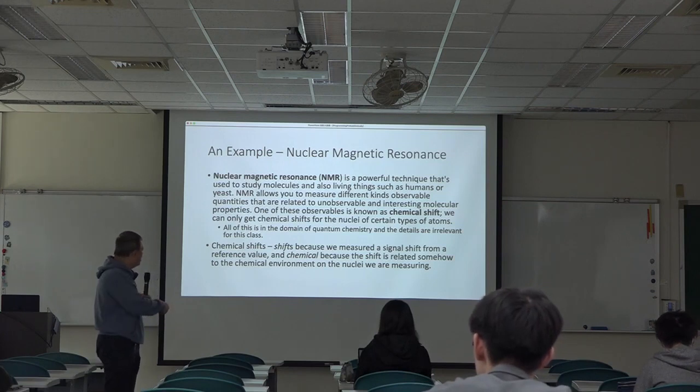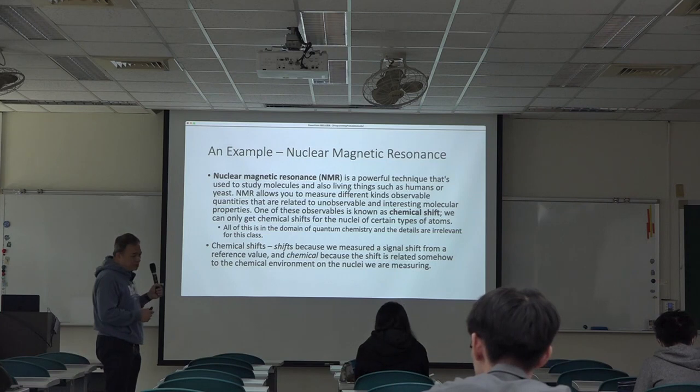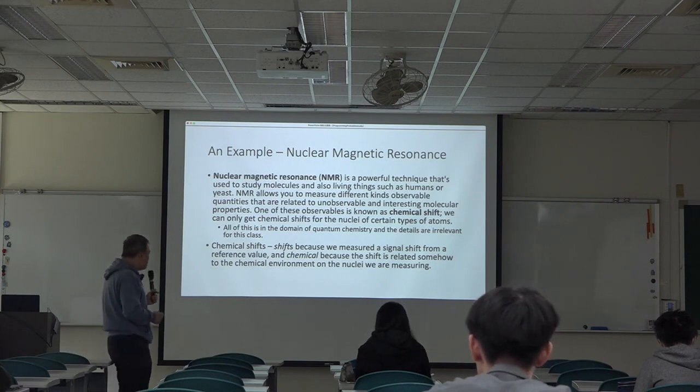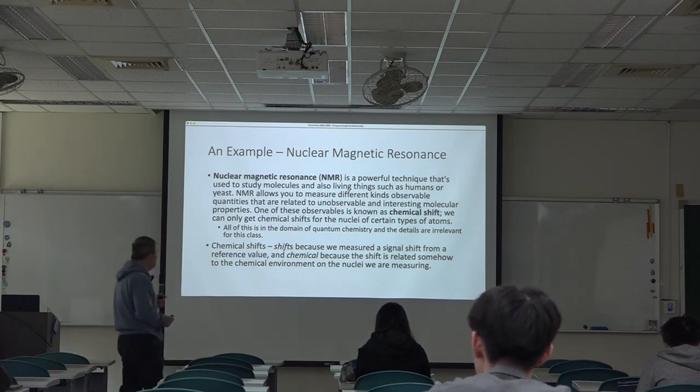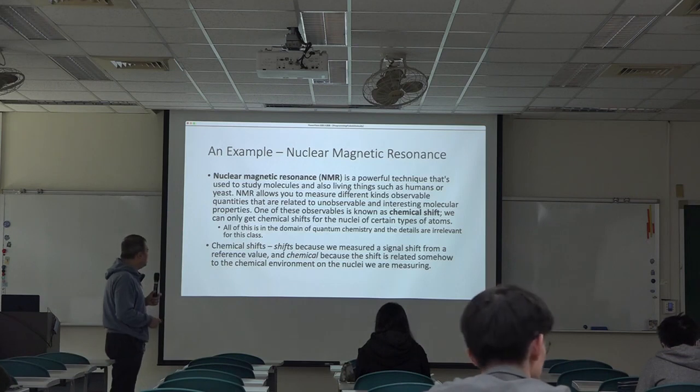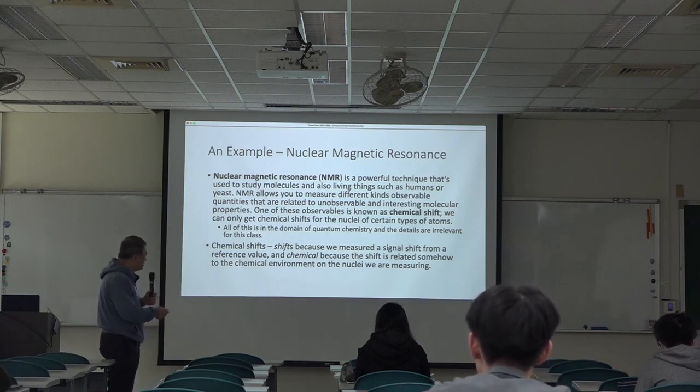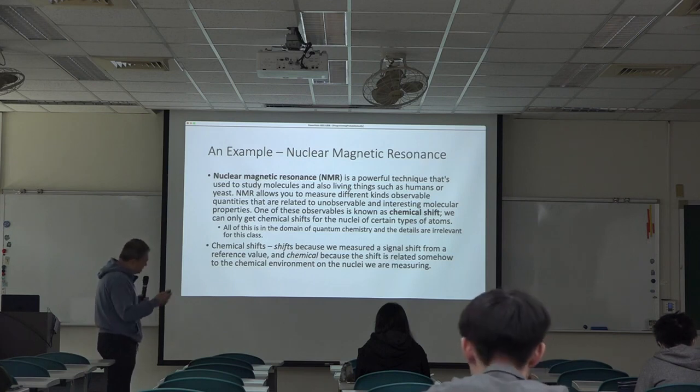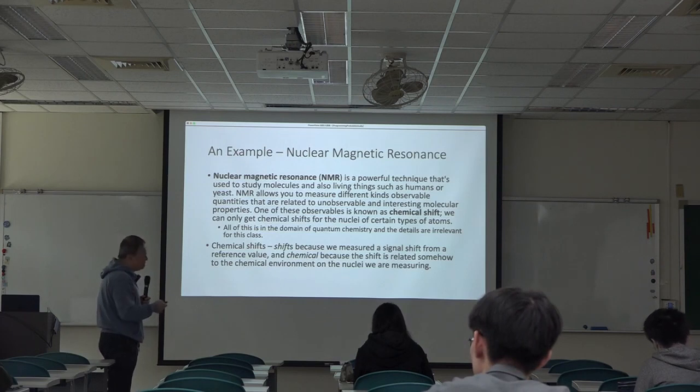This chemical shift, we call it a shift because we measure a signal shift from a reference value, and chemical because the shift is related somehow to the chemical environment of the nuclei that we are measuring. But as I said, don't worry about this if you don't understand this topic too well.